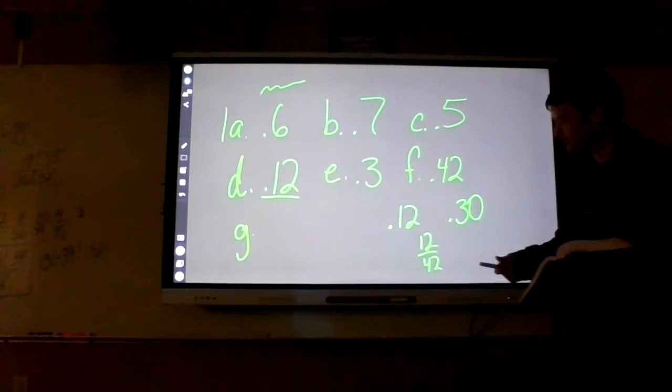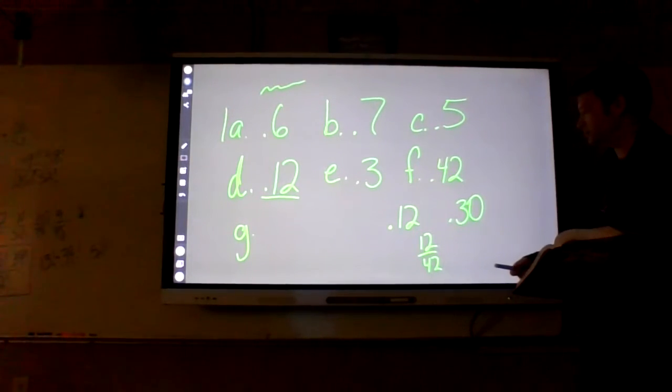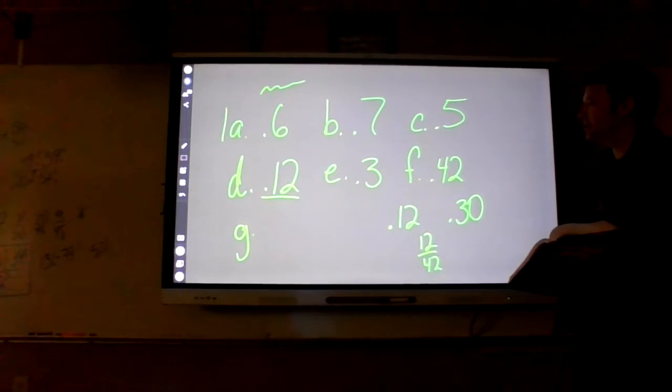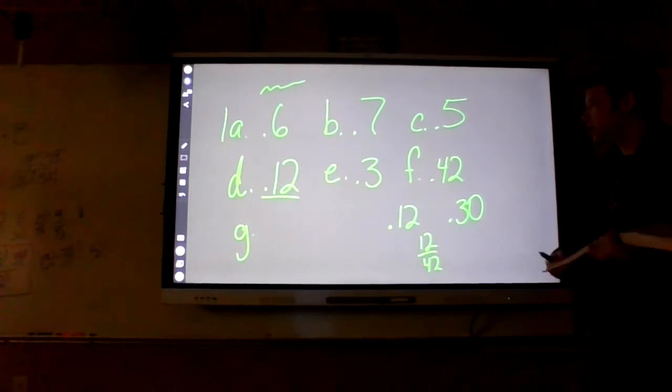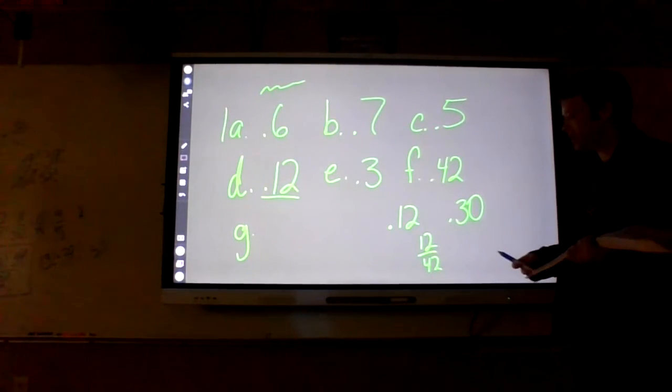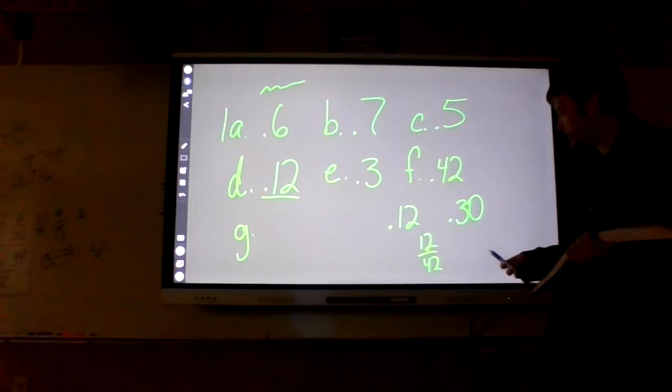What's that as a decimal? 0.285. Yeah, that's it. Now I have to explain. 12 out of 42 as a decimal is 0.286. Okay, yeah, 0.286 is what they put.